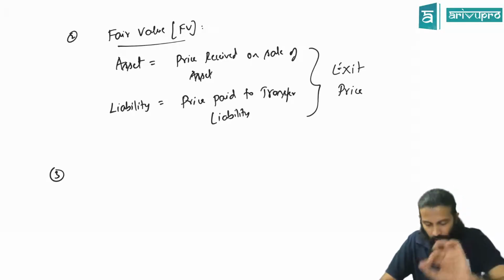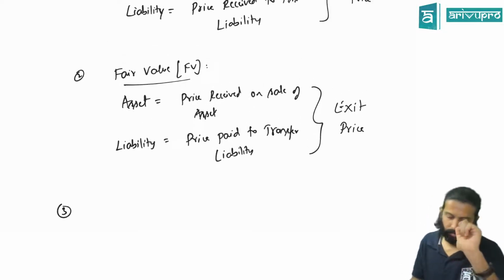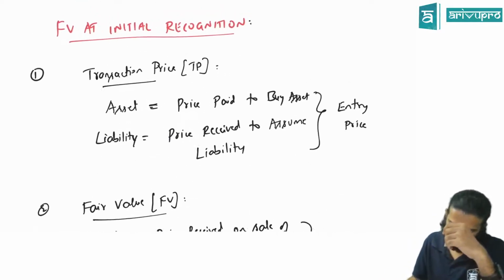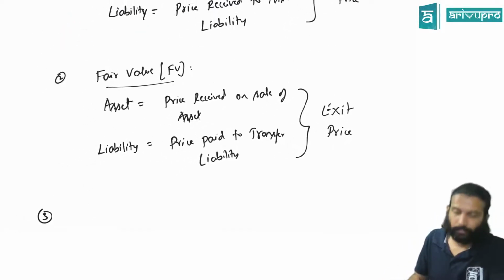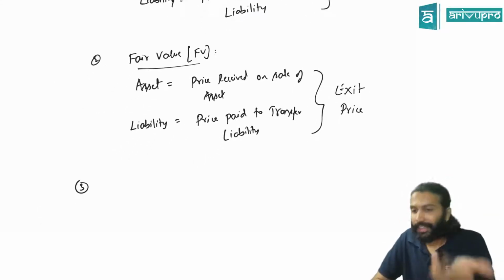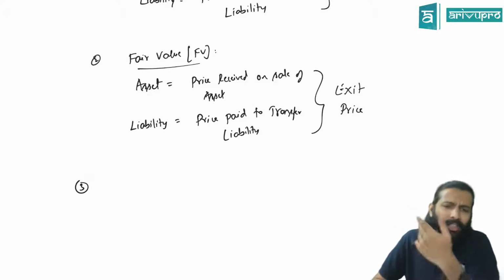Normally what happens? When you enter into a transaction, transaction price and fair value are the same because you enter into an arm's length transaction only, correct?